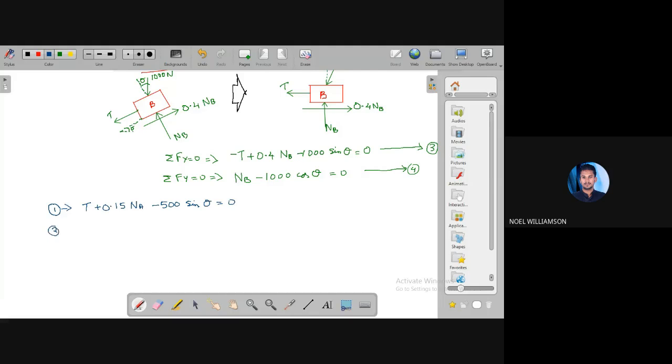And equation 2 was Na minus 500 cos theta equal to 0.